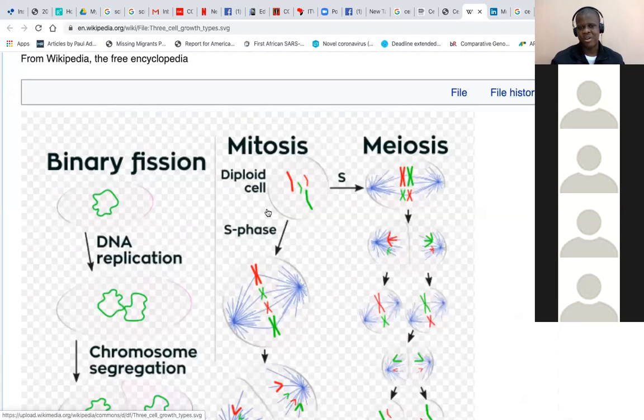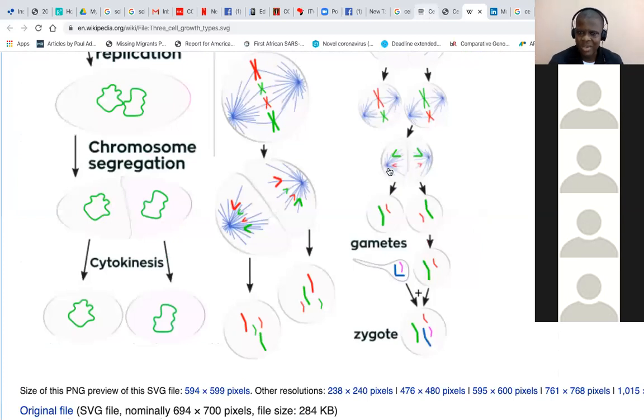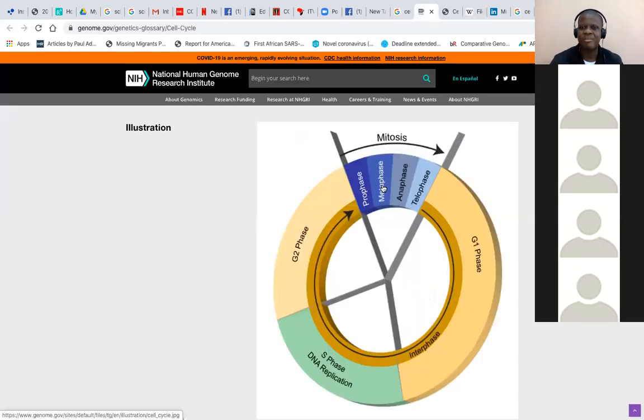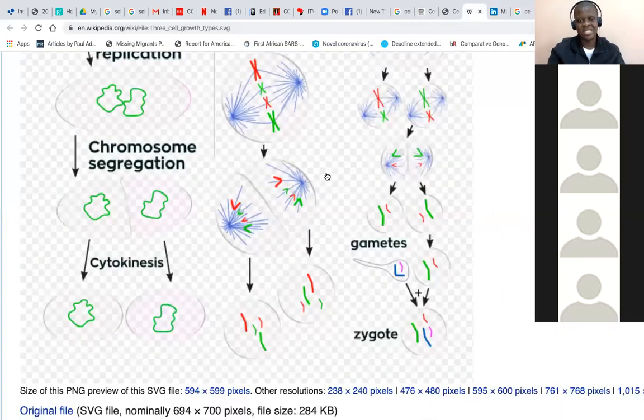And I hope this has given you an idea of what happens in this cycle. So we have prophase, metaphase, anaphase, and telophase.